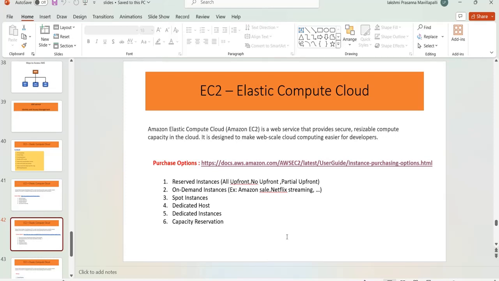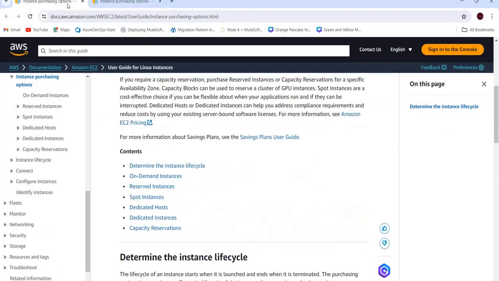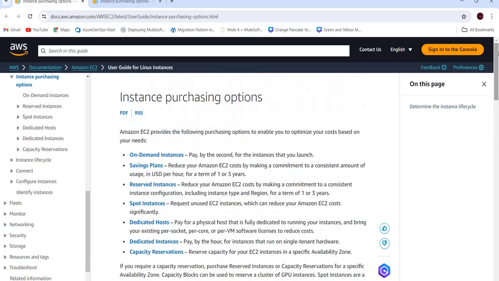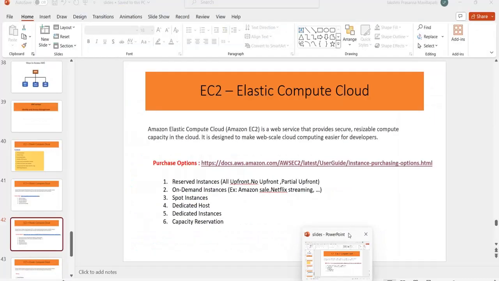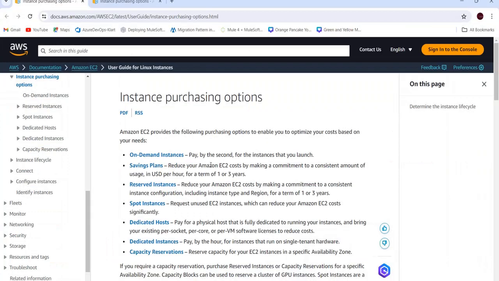For on-demand instances, you have to pay per second. Let me show you on the AWS page itself. Here are the instance options. On-demand instances: you can pay by the second for the instance that you launch. So in our example, you want to create a Netflix-kind of application to stream movies. You can take one virtual machine for trial purposes and deploy your application.